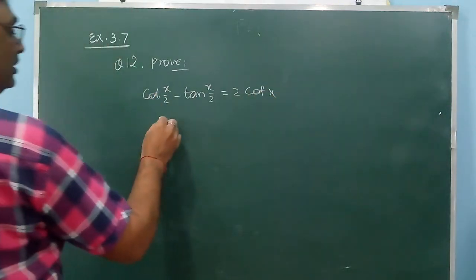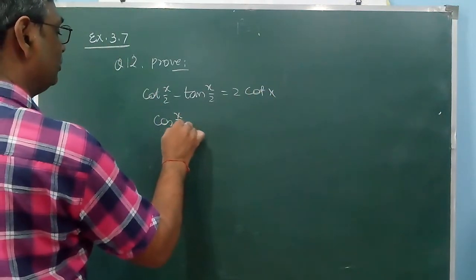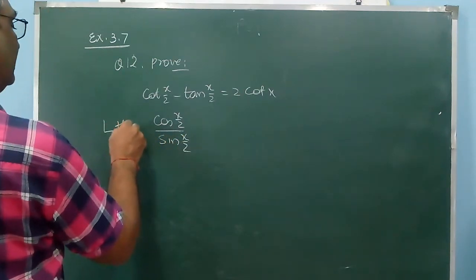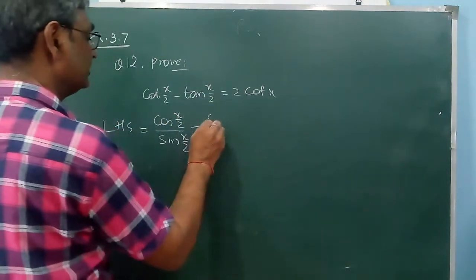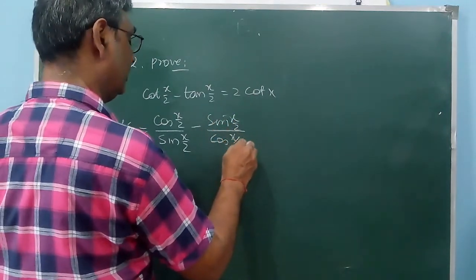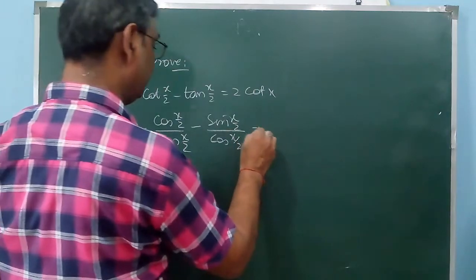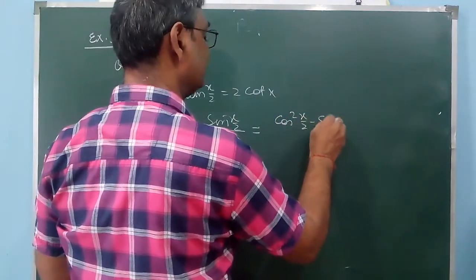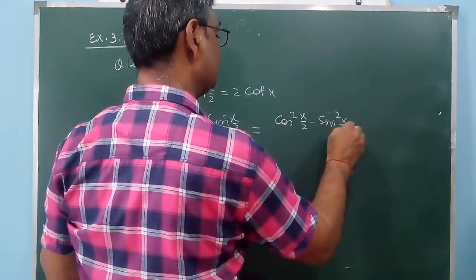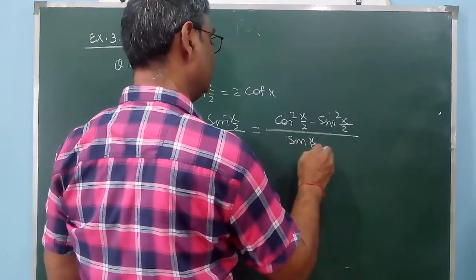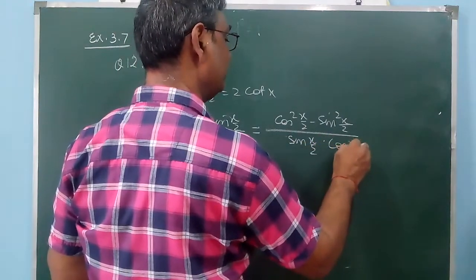Cot x by 2 is what? Cos x by 2 by sin x by 2. And tan x by 2 is sin x by 2 by cos x by 2. We can use the formula. So this is cos square x by 2 minus sin square x by 2, and here sin x by 2 into cos x by 2.